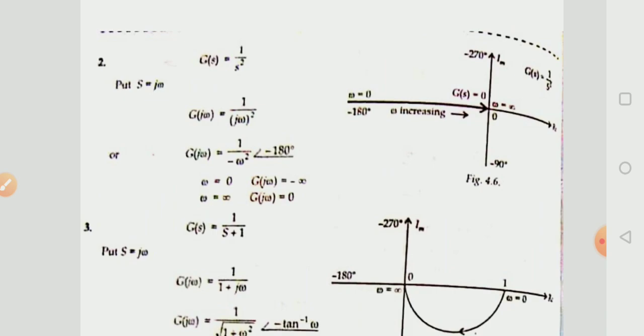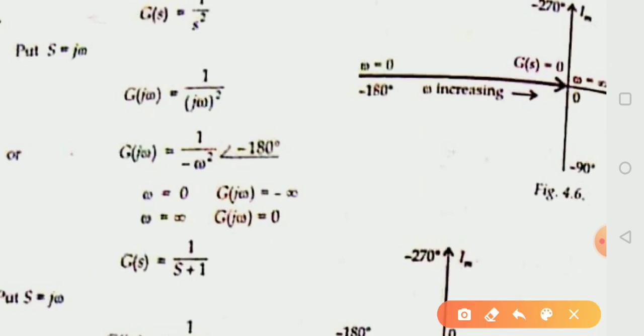The next standard type of function is G(s) equal to 1 over s square. At first we put s equal to j omega, so it will be 1 over (j omega) square. Now we have to write this expression with magnitude and phase angle.